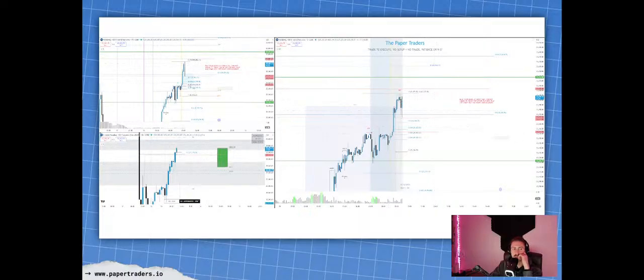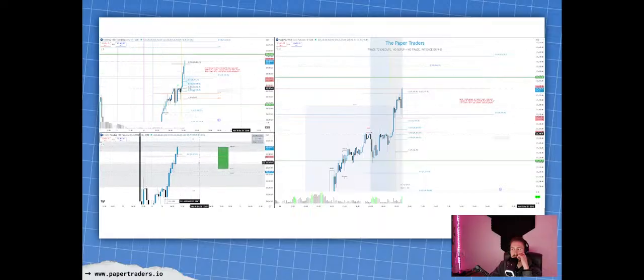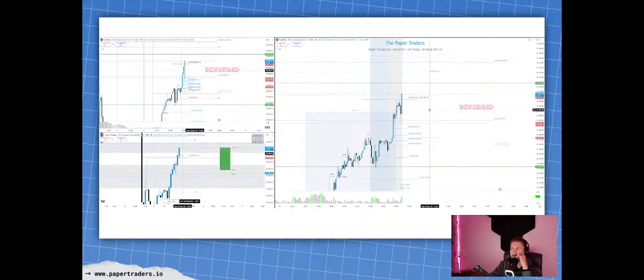Oh, that's some movement. Some sporadic movement here. That's a nasty outside-inside candle. So sweep of that candle right there.